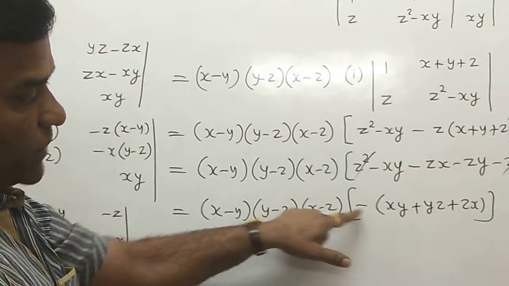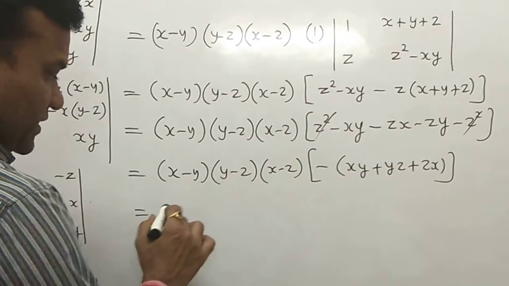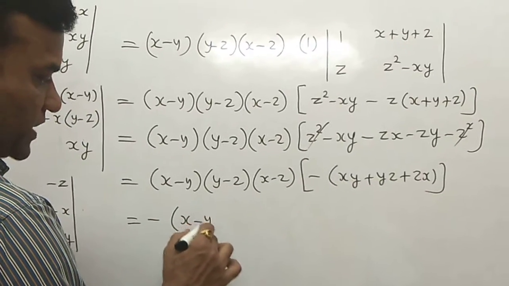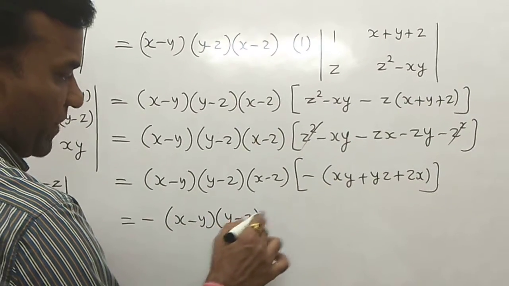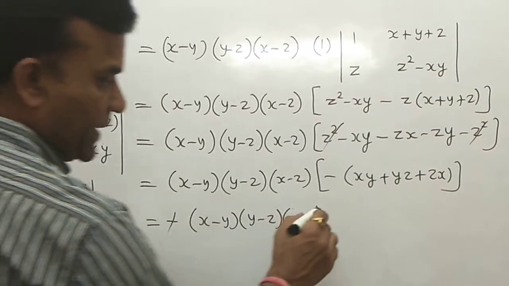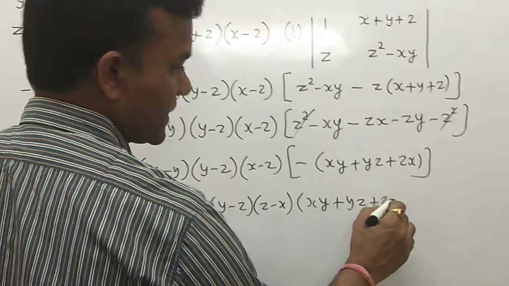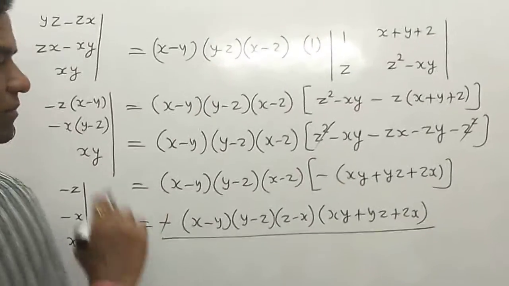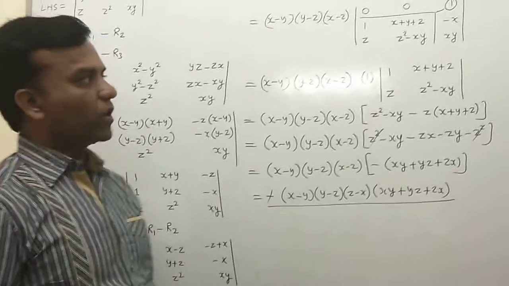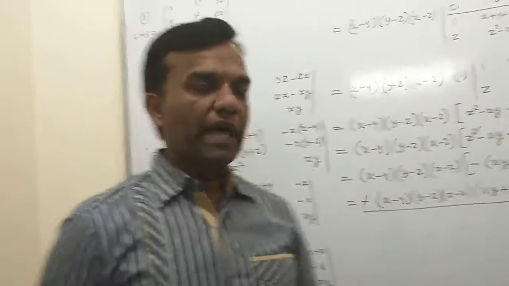But in the answer you require here z minus x, but here we have x minus z, so this minus sign tends to here. So again this minus sign is common, also you put outside. So x minus y, y minus z, and you have z minus x. This minus sign again here, so minus minus cut. You have xy, yz and zx. So you got the answer. In a very easy format you got the answer. With very few operations on the determinant, you got the answer.